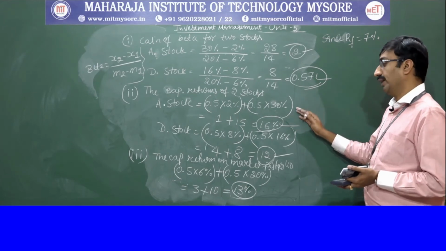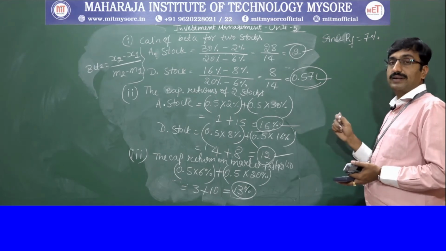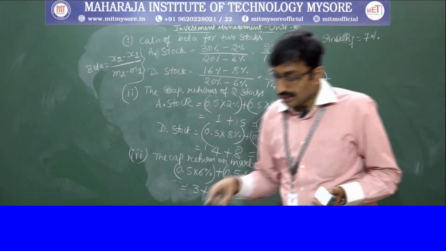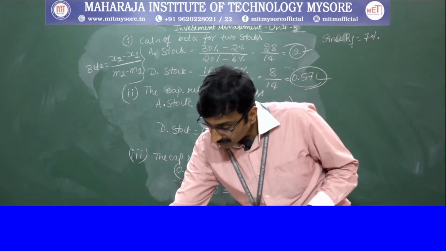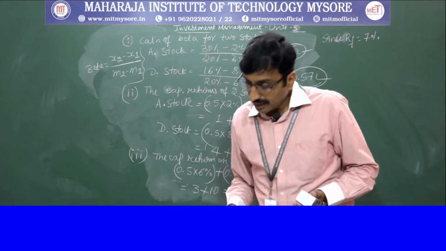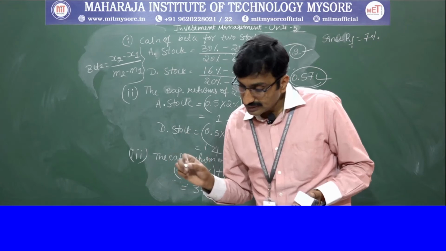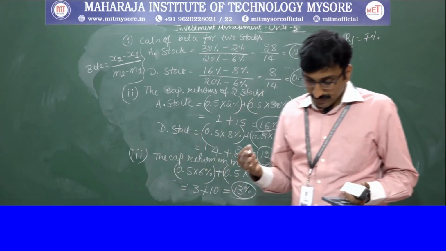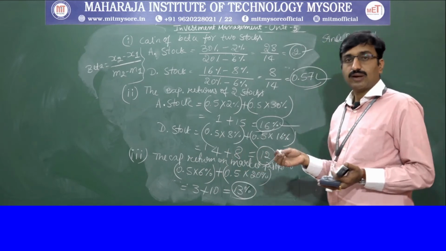We have found the expected return, so now we have to find the required rate of return. They have given the clue in the third question: if the risk free rate is 7% and the market return is likely to be 6% or 20%, what is the security market line? We have to find the security market line.